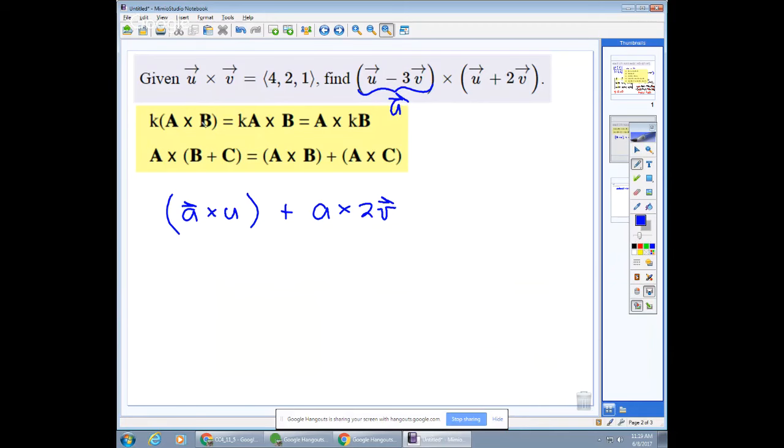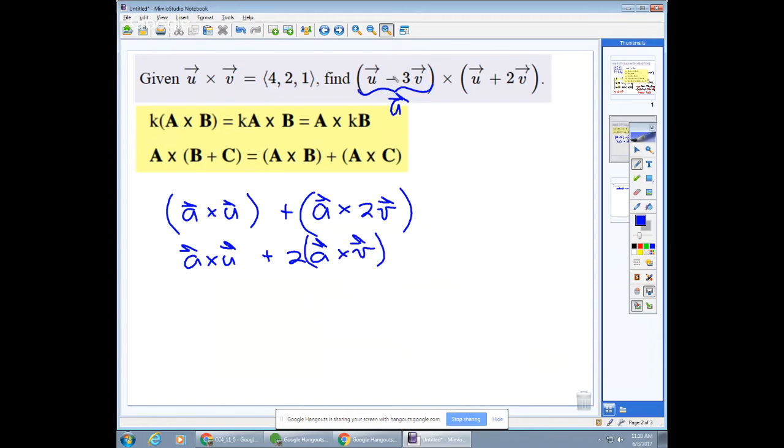And then the rule above says I can pull that 2 out. So this would be A cross U, U is a vector, A is a vector, A cross U plus 2 A cross V.